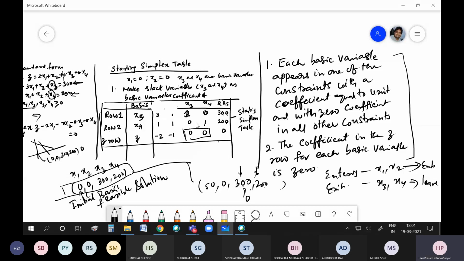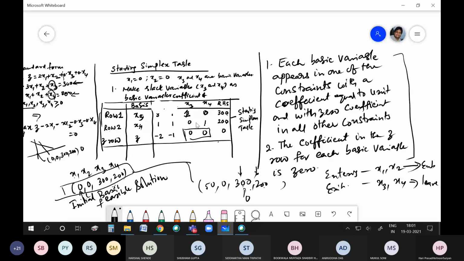What is a basic solution? If there are n plus m variables and I have only m constraints, the solution in which n variables are made 0 and the rest m are non-zero, such a solution is called a basic solution.